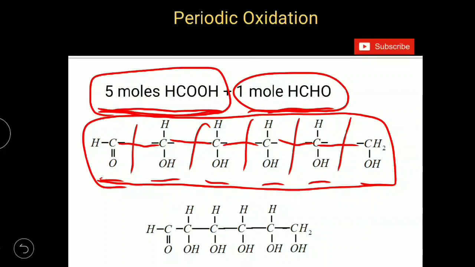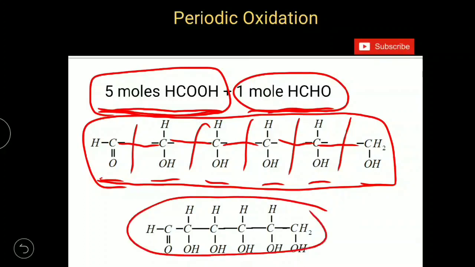For each C-C bond cleavage, 1 mole of periodic acid is required. So 5 moles of periodic acid are required to get 5 moles of formic acid and 1 mole of formaldehyde from this structure when it undergoes oxidation in the presence of periodic acid.